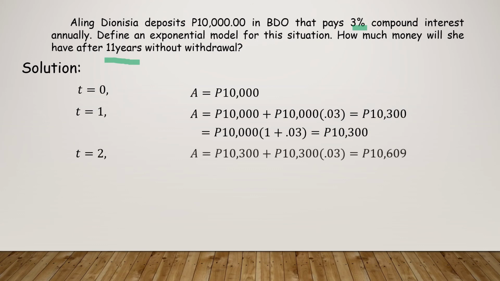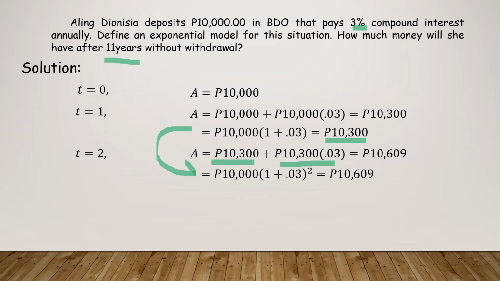After 2 years naman, ang initial na pera ay 10,300, plus the 10,300 times 0.03, is equal to 10,609 pesos. And gamitin natin yung kanina na 10,000 times the quantity 1 plus 0.03 raised to 2. Raised to 2 na ito, ito ay raised to 1 lamang, which is equal to 10,609 pesos pa rin.